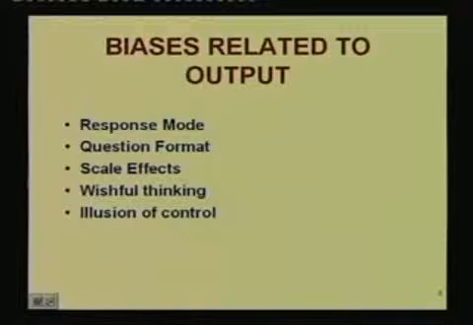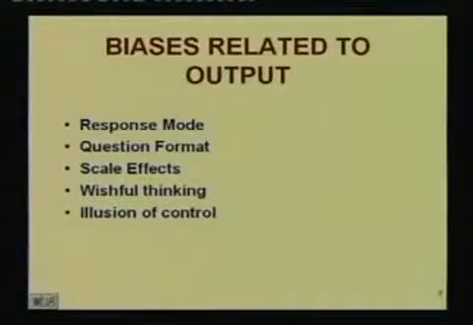That is, with question format and response mode, the essential idea is that the output is given in a pre-specified format or in a pre-specified response mode, and therefore the output does not convey the full meaning that was expected by the user. So this is a kind of bias.